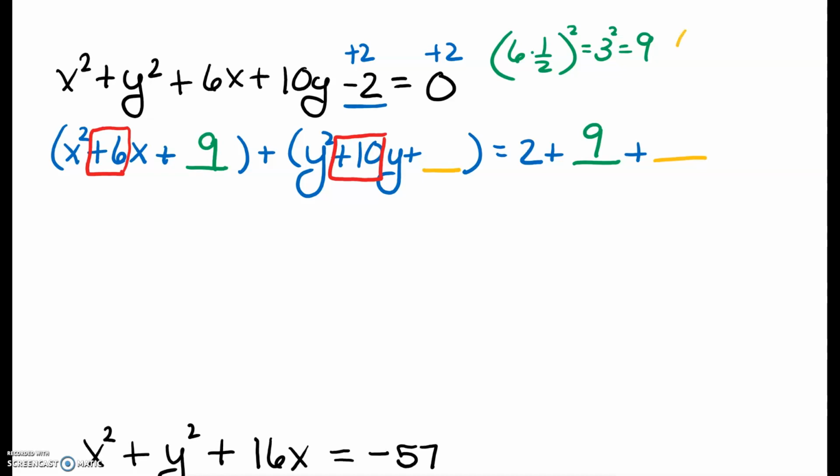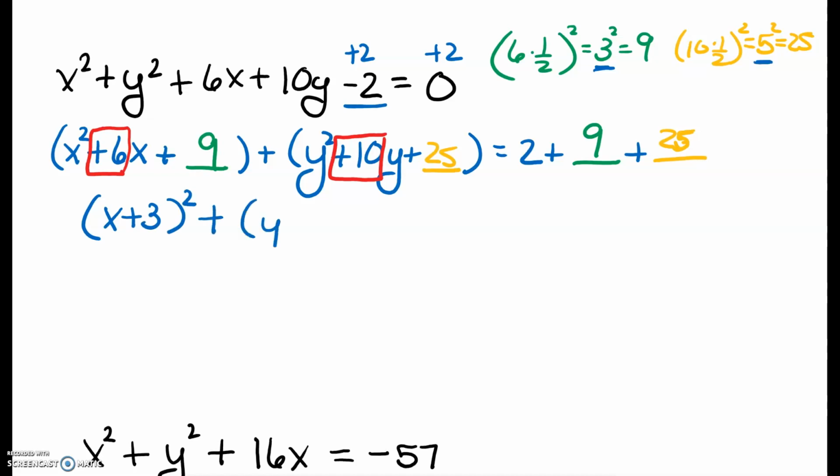For my yellow blank, I get 10 times a half, squared, which is 5 squared, which is 25. Okay, so I should see a positive 3 in my green factor. I should see a positive 5 in my yellow factor. And when I add these, I get 11 and 25 is 36.